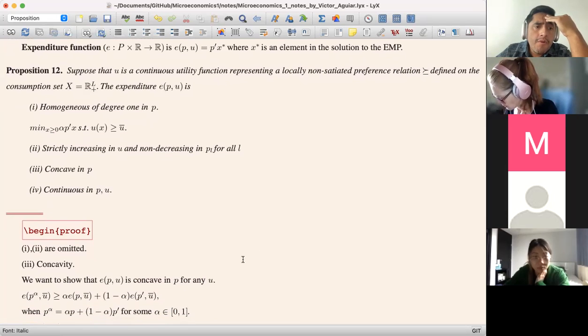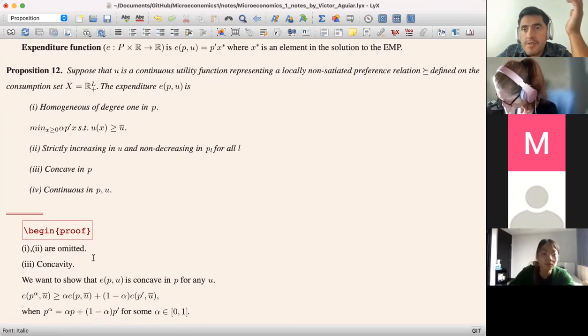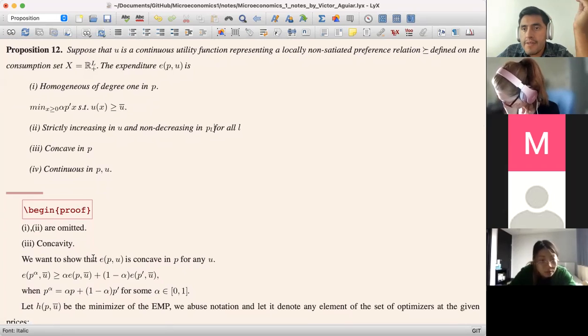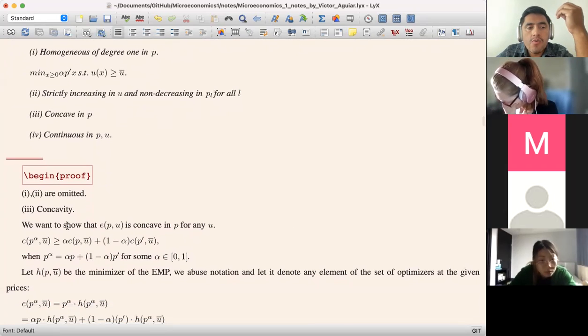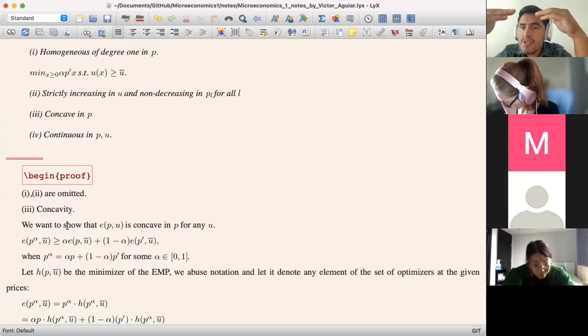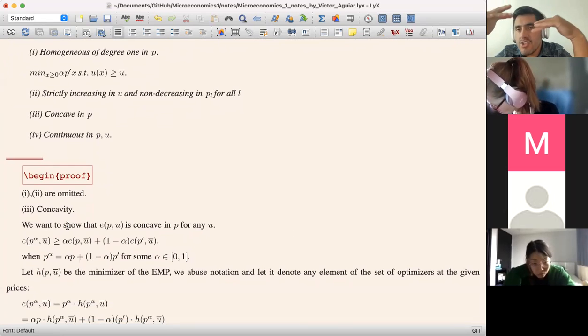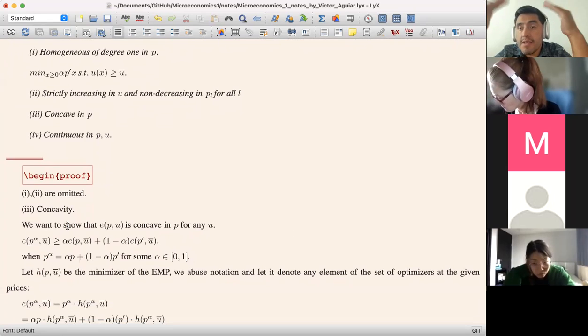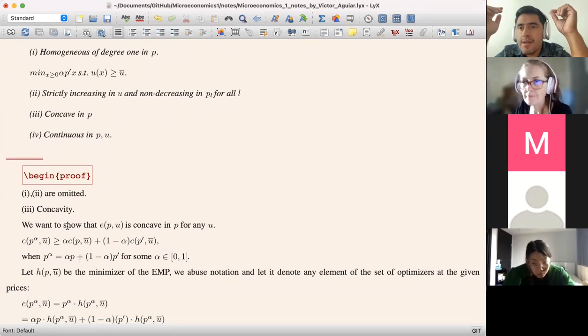So the proofs of 1 and 2 are omitted, they are very simple. I'm just going to prove concavity. Okay, so remember, the concavity shape constraint on this expenditure function is very important. I'm promising you this. As we finish the chapter, you will see that concavity plays an important role. And I'm gonna give you the heads up.